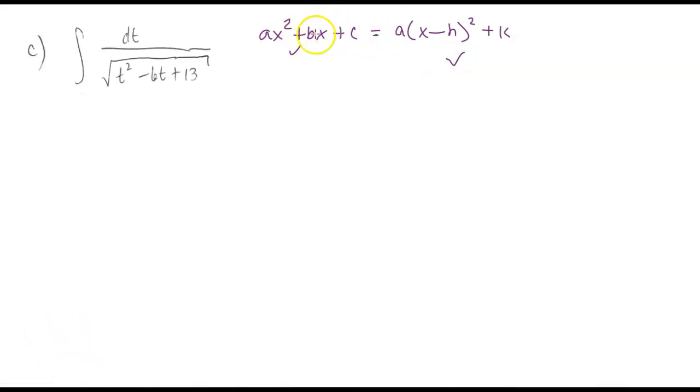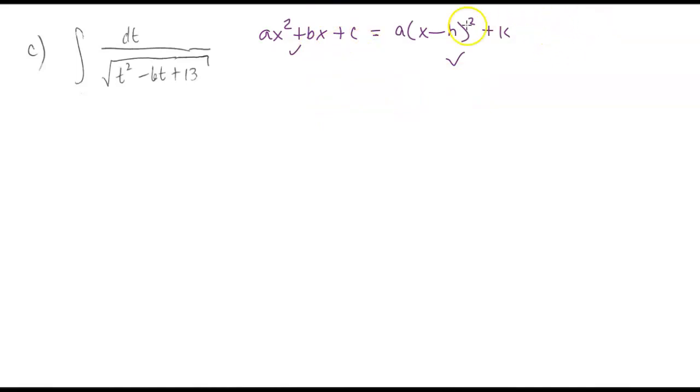Now, of course, the traditional way of doing this is called completing the square, and that is what I'm going to do. For those of you that don't necessarily remember completing the square, you can cheat.